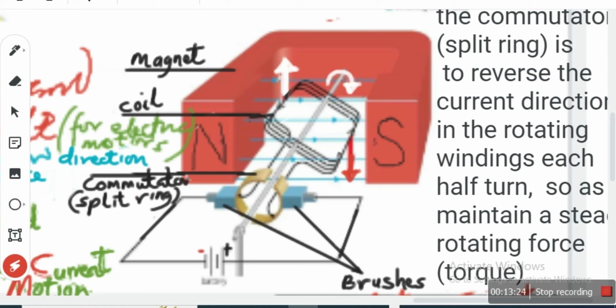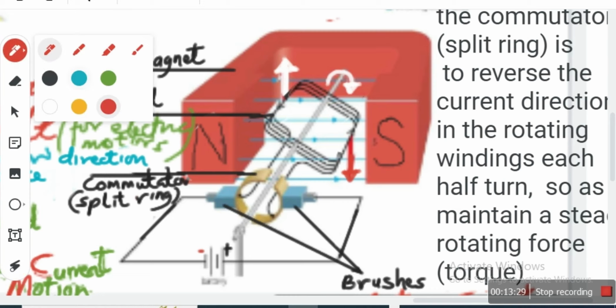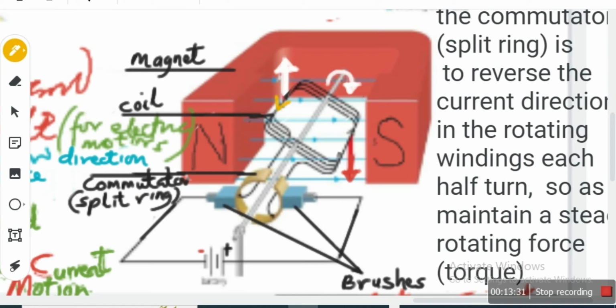Now you see the side that is flowing out of the paper. Watch me. Let me use this yellow line. This one is flowing out of the paper, isn't it? Can you see this current here is flowing out of the paper? Whereas this side it is flowing what? Because the current flows like this into the carbon brush, to the commutator, to the solenoid.